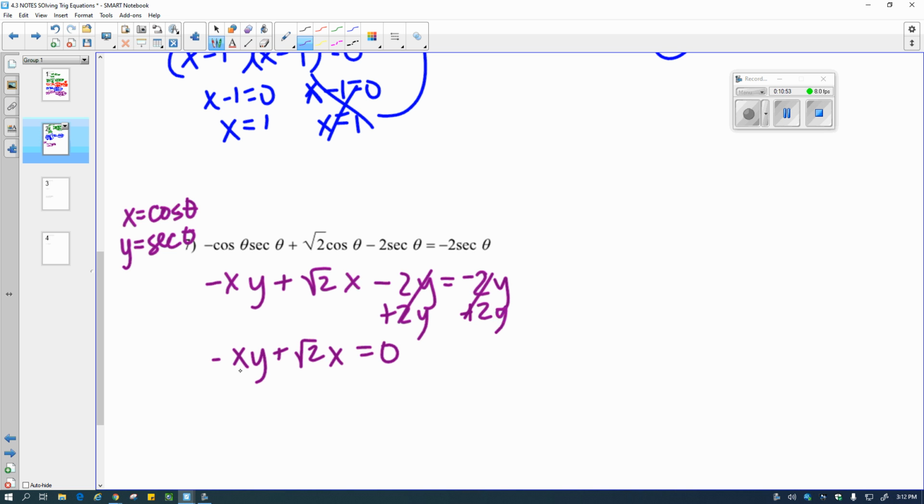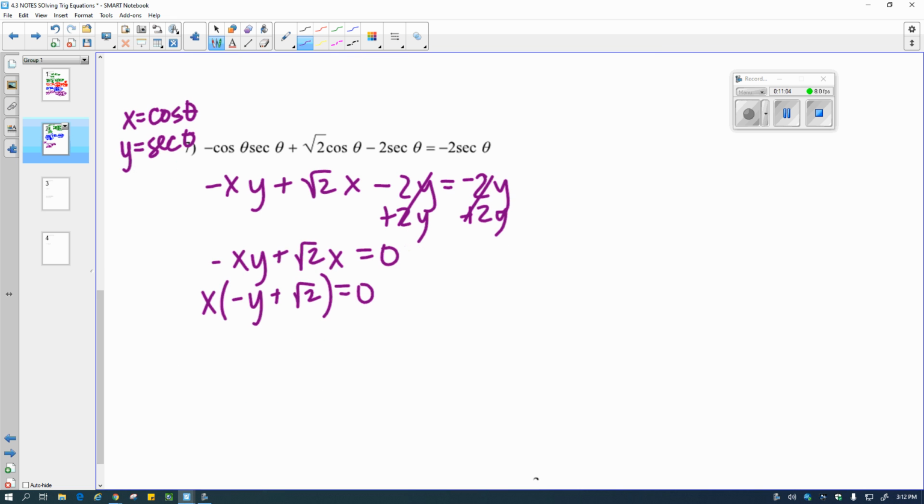I recognize that they both have a factor of x in, so I'll pull that out. So negative y plus the square root of 2 equals 0, and then I can solve for both of those factors. x equals 0 and negative y plus the square root of 2 equals 0. So this one is when y is the square root of 2, and the other one is when x is 0.